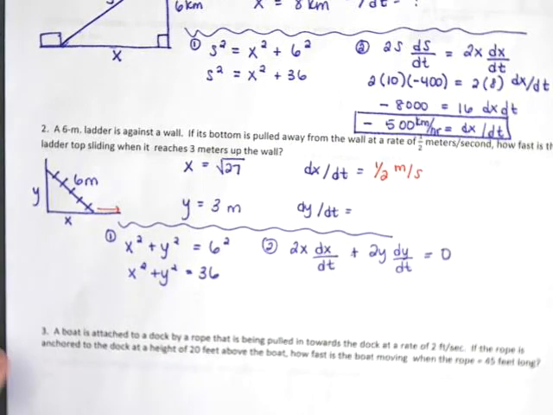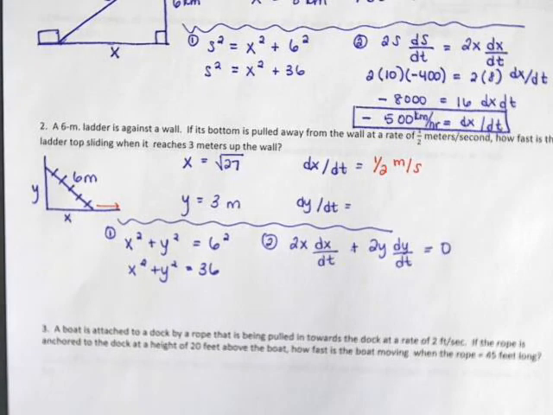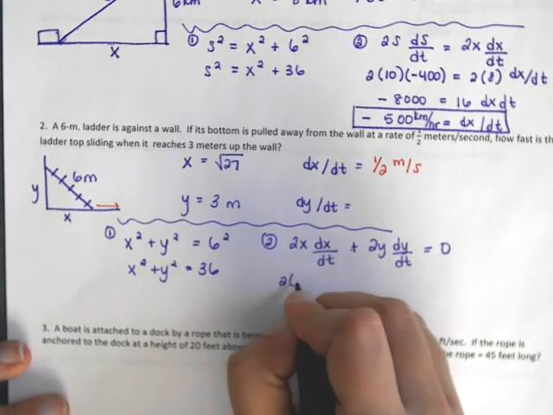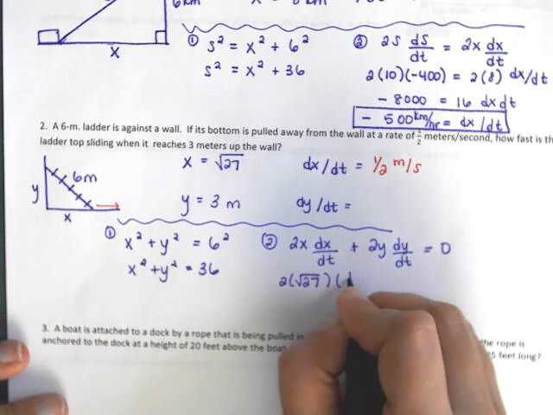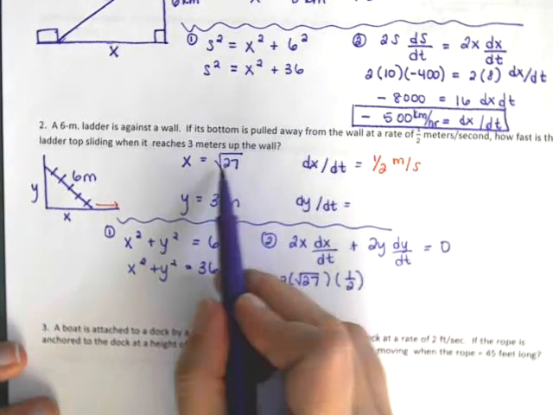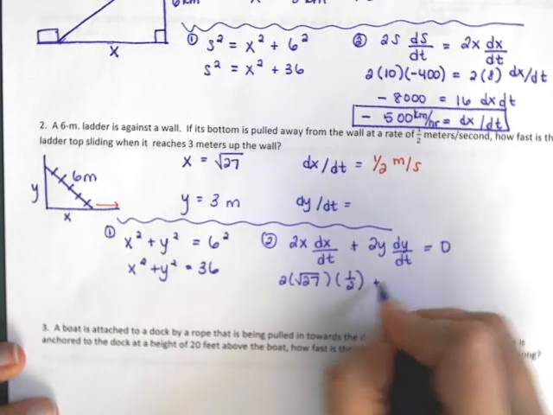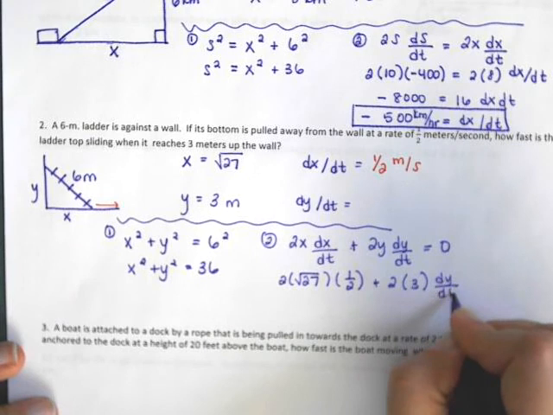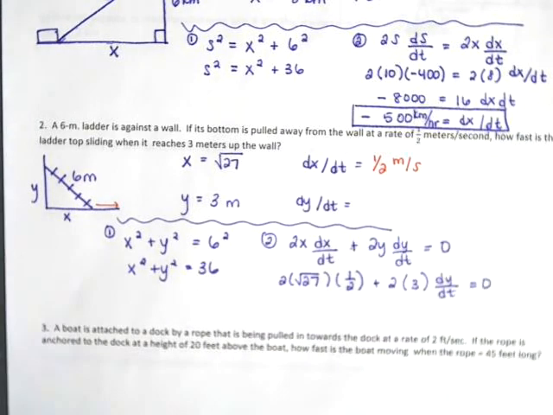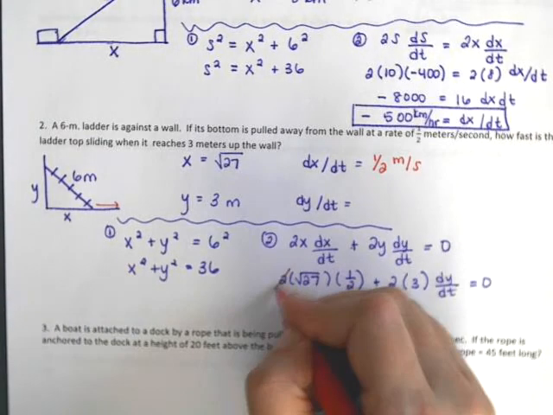The x and the y are both changing here as the ladder slides. So I would have 2 times the square root of 27 times 1/2, and I'm filling these numbers in by looking up here, plus 2 times y, which is 3, dy/dt equals 0. Now the 2 and the 1/2 here are going to cancel.